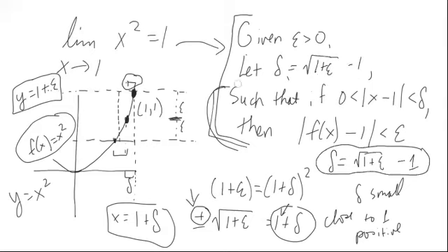Then instead of saying such that, we say simply then, if 0 is less than the distance that x is from 1, which is less than delta, which is right here in the picture. And we can even draw an arrow over here.